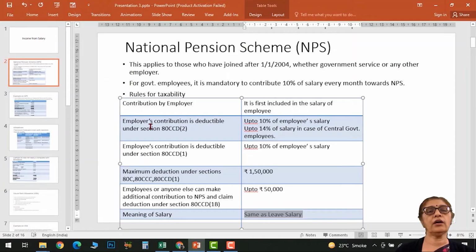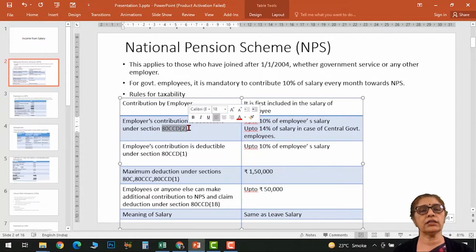See, you have it here. Employer's contribution is first included in the salary of the employee. So whatever he contributes, we will first include it in your salary. Subsequently, on all employer's contribution, there is a deduction available under section 80CCD subsection 2.